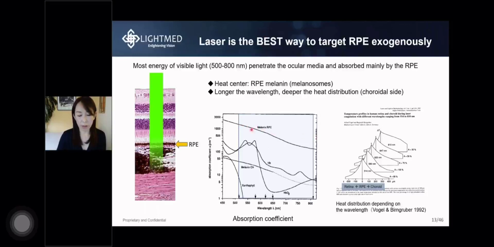Therefore, whichever wavelength we use, the heat center is the RPE melanin.